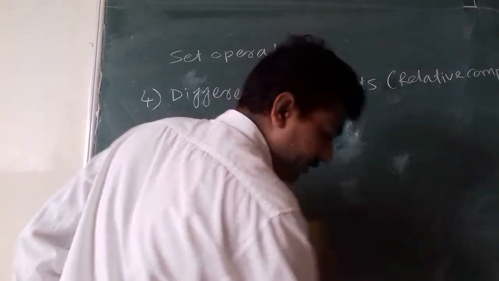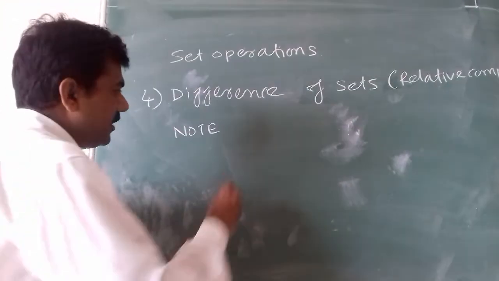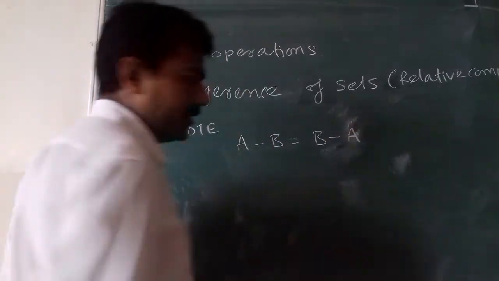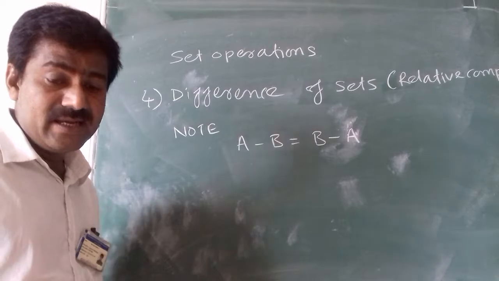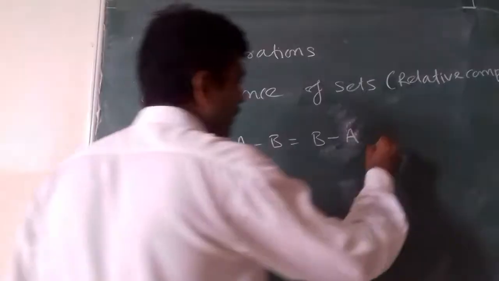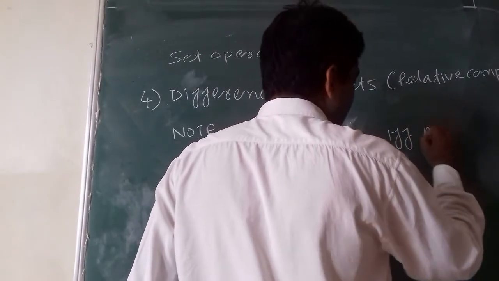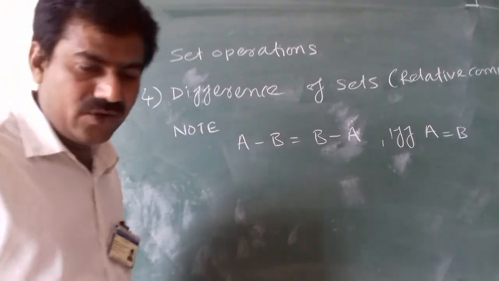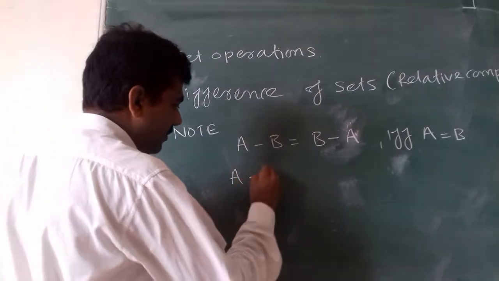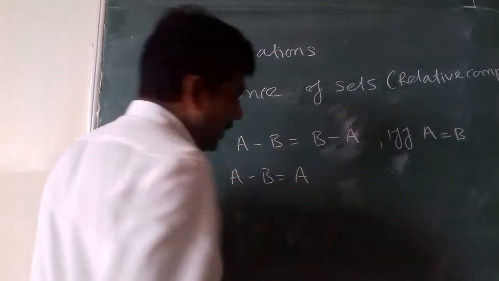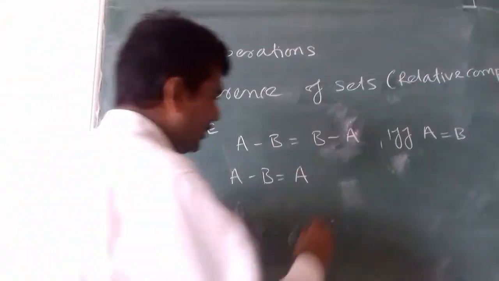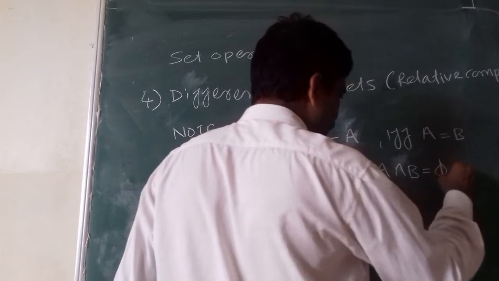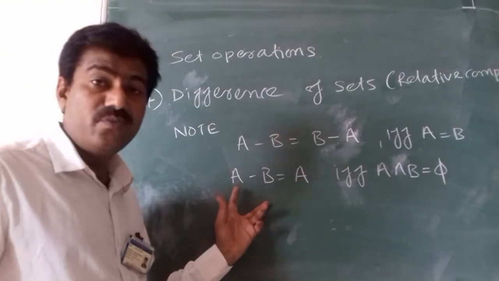Erase this. Next is A minus B is equal to B minus A. This is if and only if A is equal to B. Next property, A minus B is equal to A, and this is also if and only if A intersection B is equal to phi, meaning both the sets A and B should be disjoint.